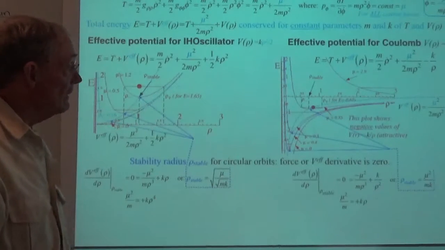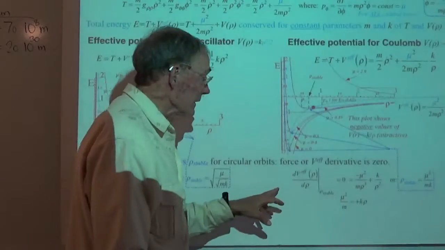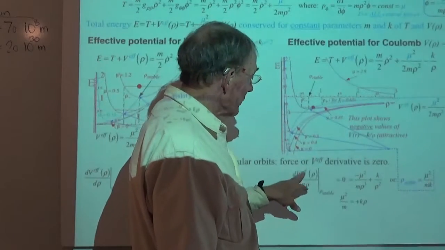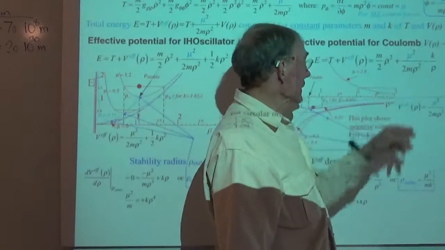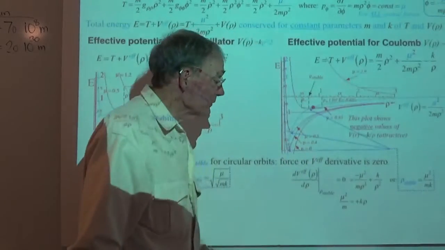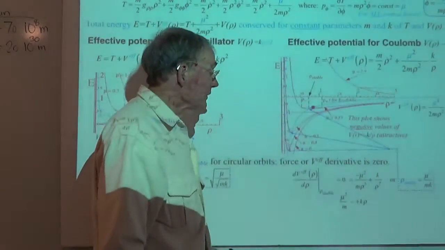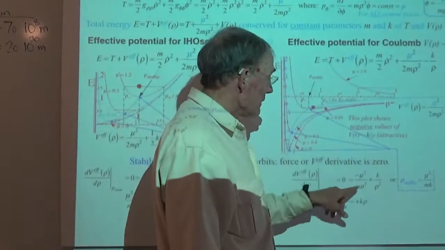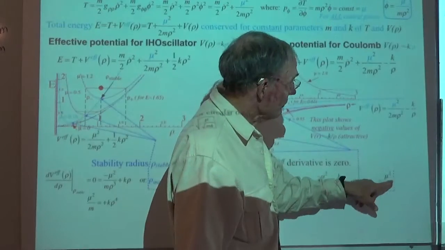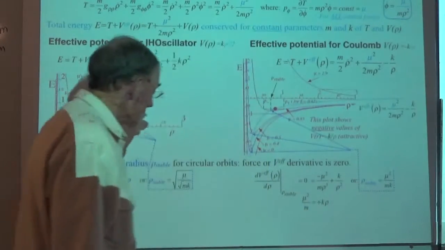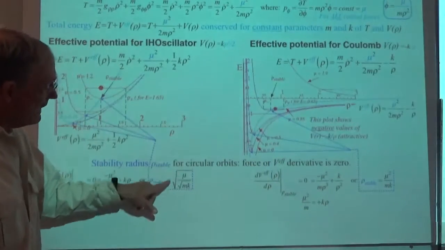Over here, you solve for this thing. Same deal. Take the derivative of the effective potential, that's this thing, and set it equal to 0, looking for a place to sit. And you get something that looks like this. Now this one gives you a mu squared over mk. This one gives you the radical, you see.